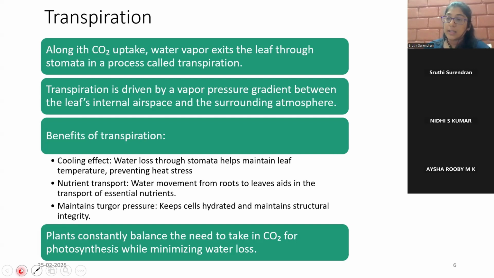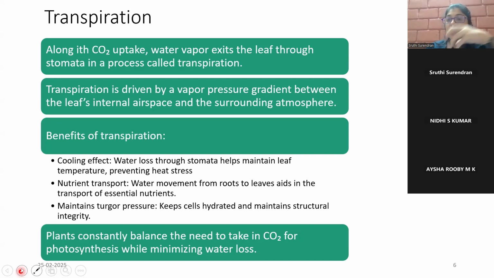Not only that, nutrient transport is happening as a result of water being taken up from the roots to the different parts of the plant. This process of transpiration is dependent on the vapor pressure deficit, which I'll explain later on. It is a driving force for transpiration. Vapor pressure deficit is nothing but the difference in the vapor pressure inside the leaf and outside the leaf, that is, in the atmosphere.